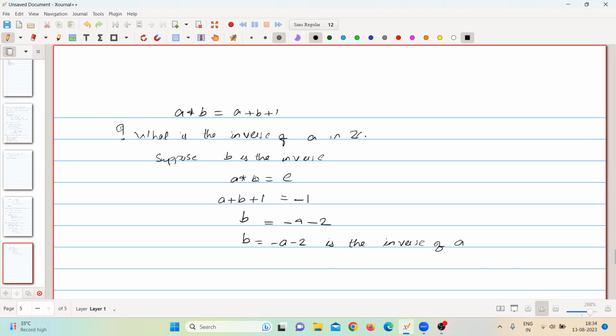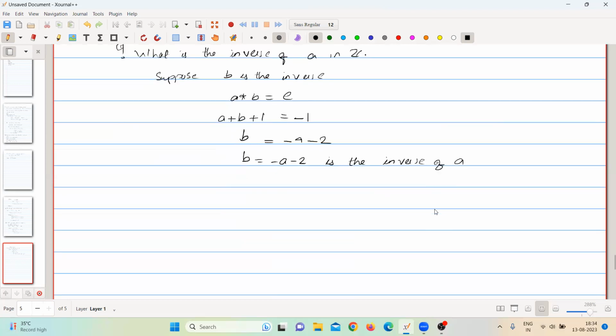Usually under addition, for A, minus A is the inverse, and under multiplication, 1 by A will be the inverse. But in this case, for any element A, minus A minus 2 is the inverse of A. Any doubt here? These are just the basic concepts of how the inverse or identity is defined and how we should use the binary operation in the group.